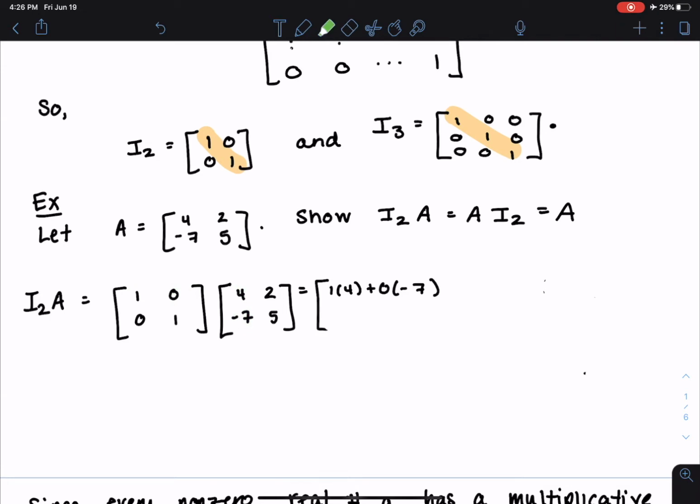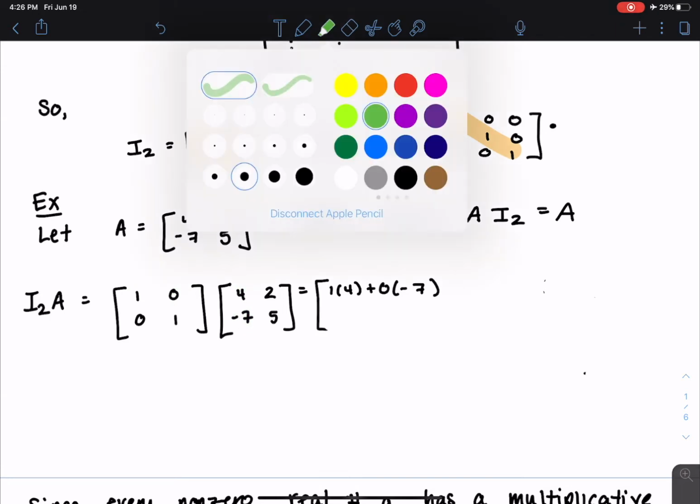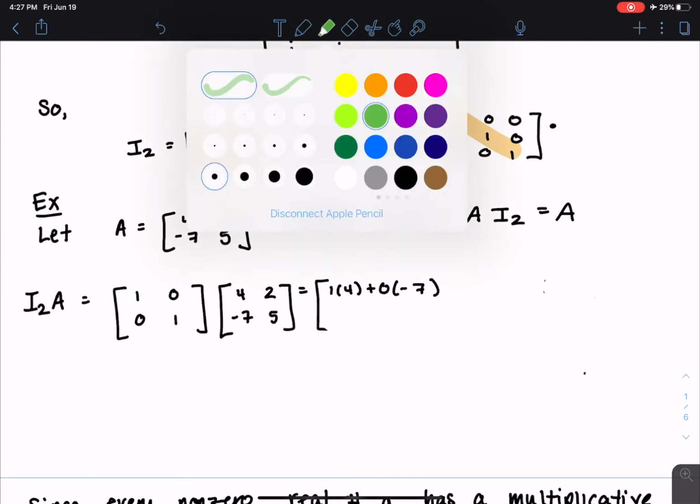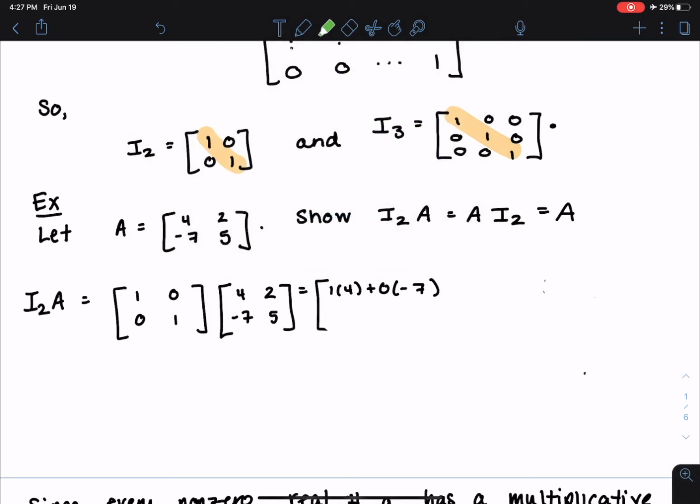If I want to get the element in the second row, second column, this row, this column gave me this piece.